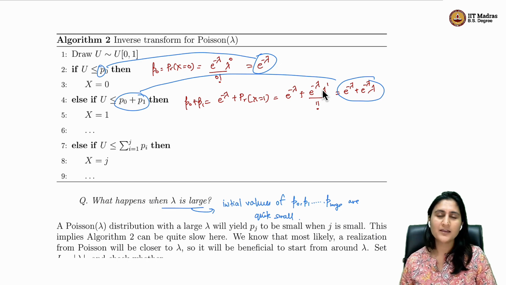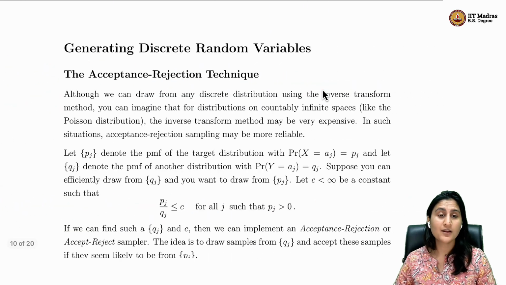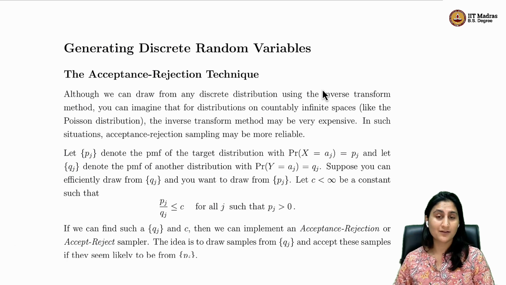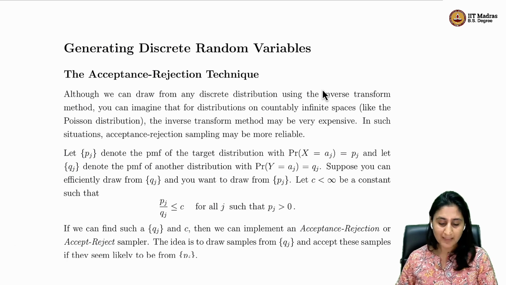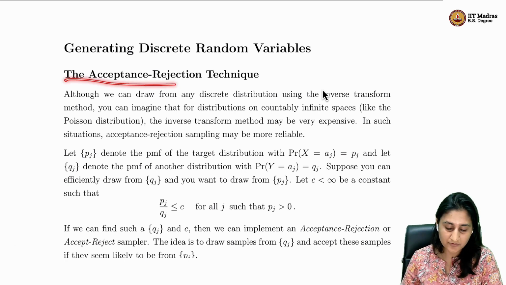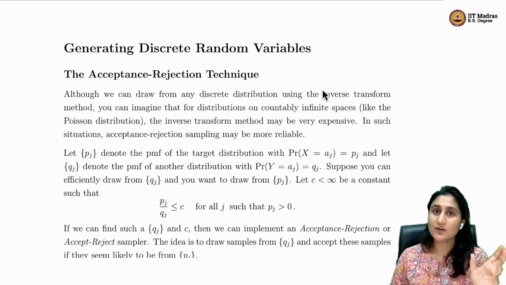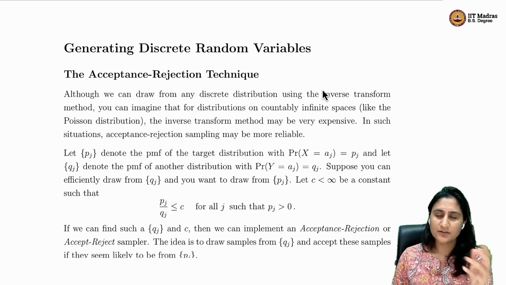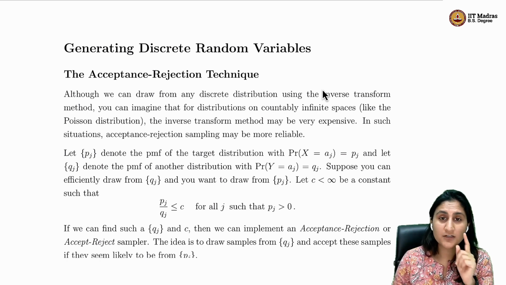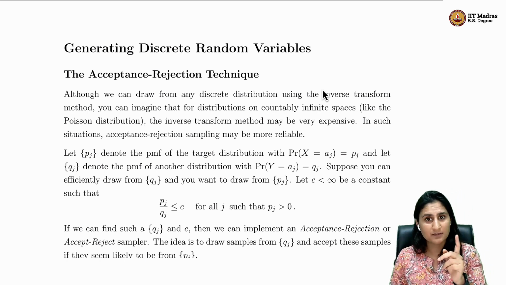And so that's really why there is a need to look at another method of drawing random variables. And that method is the acceptance rejection technique. Now, for discrete random variables, this technique is not very popular. It's not used very often, but for continuous random variables, it is very popular.